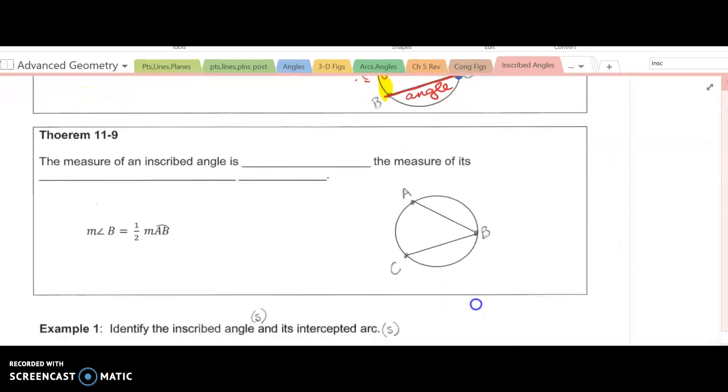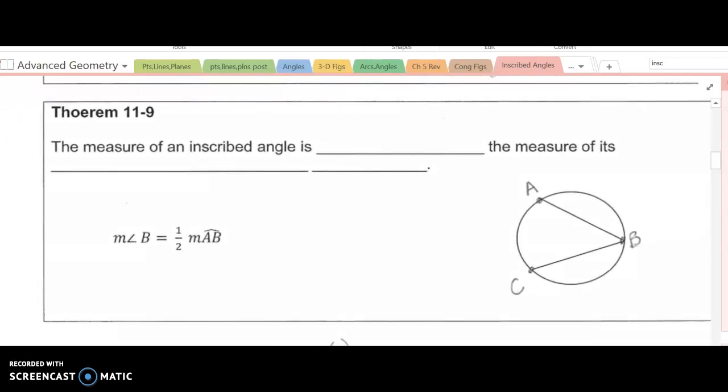All right, so here's our first theorem for today. It says the measure of an inscribed angle is half the measure of its intercepted arc. And if you think about it, this makes sense, right? Because the farther away you are, like point B is much farther away than the central angle that would have been right here, it has a longer time for this angle to get bigger, to increase and to get wider.